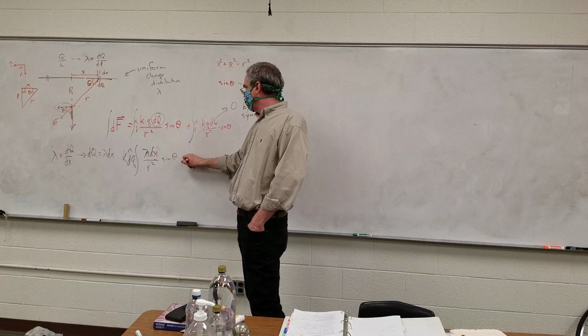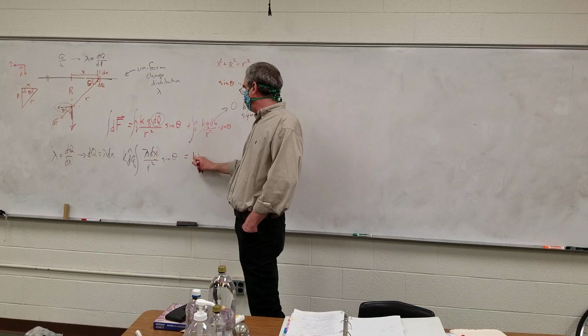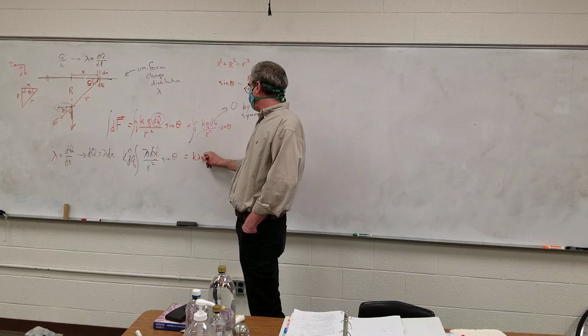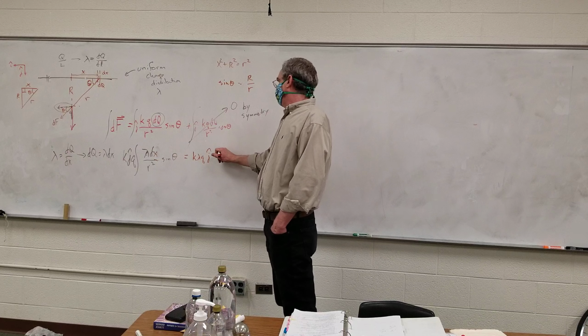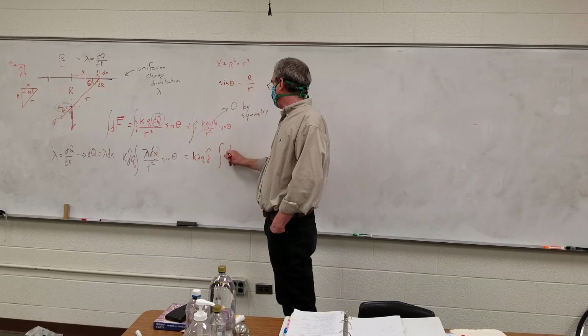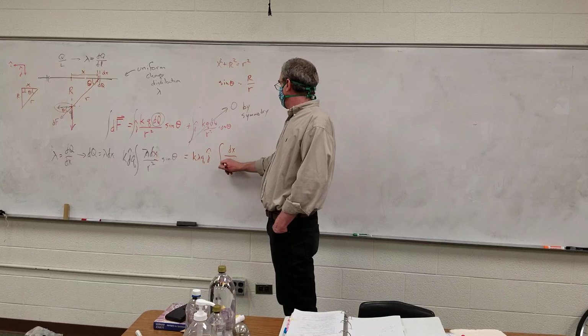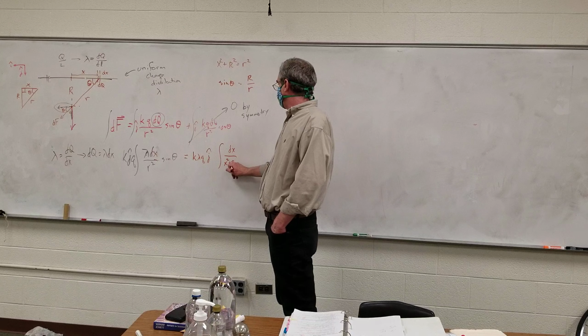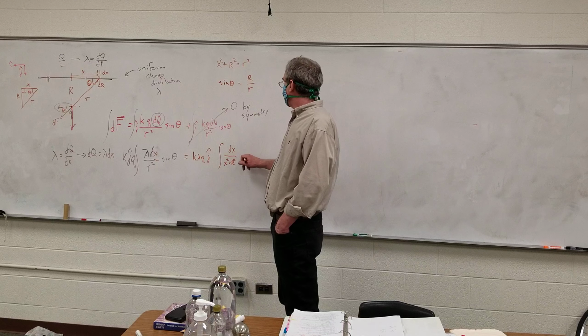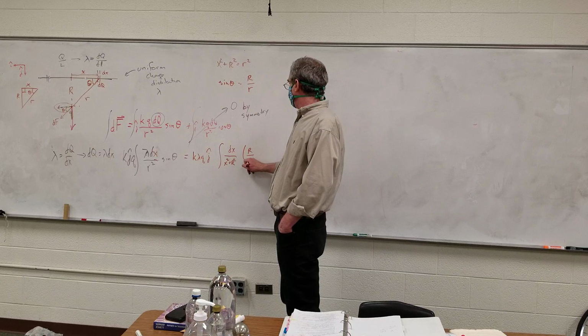And so if I make those substitutions, pulling lambda out, I get k lambda q j hat integral dx over r squared, which is x squared plus big R squared, times the sine of theta, which is big R over little r.